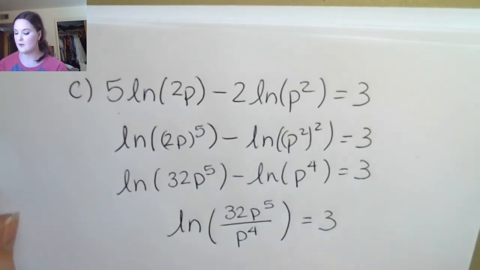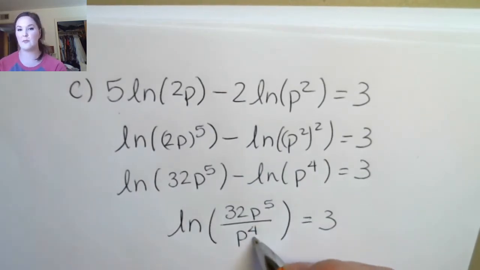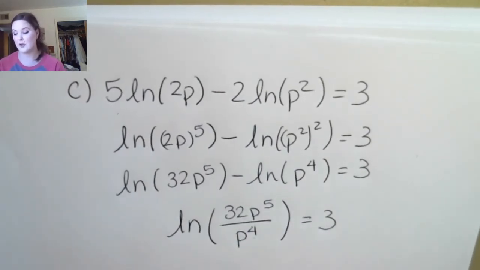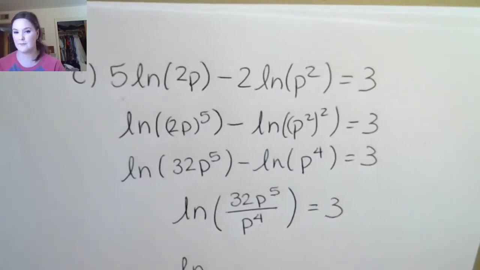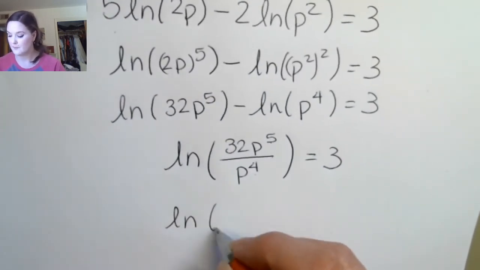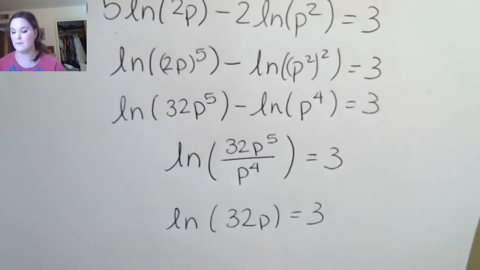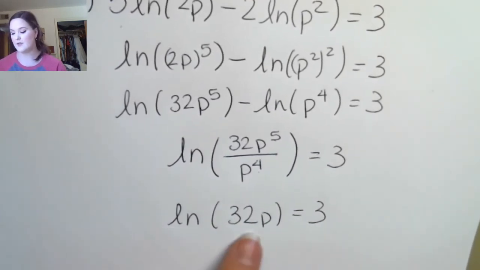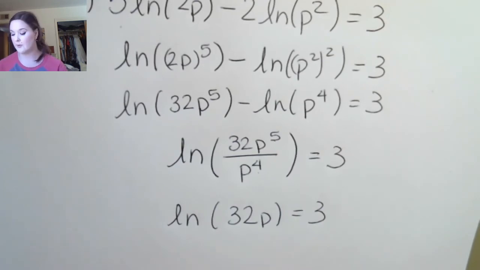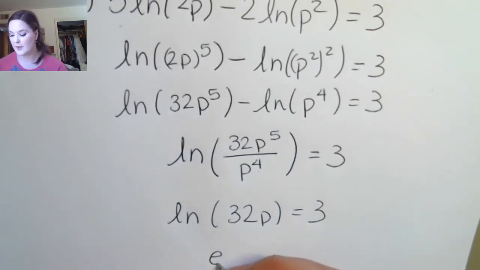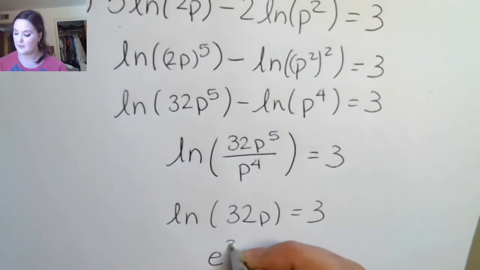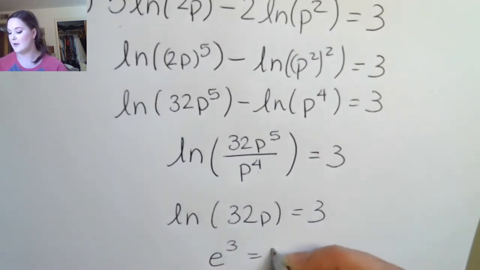Okay, and now you can see you have p to the fourth over p to the fifth over p to the fourth. You can simplify. Okay, and now we have a single log. So we're going to rewrite in exponential form. The base e, here's my exponent, okay, and then here's my answer.